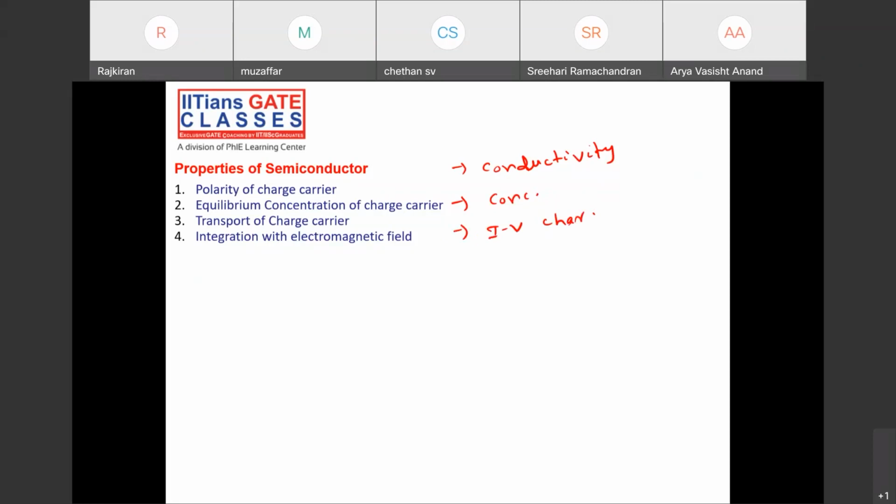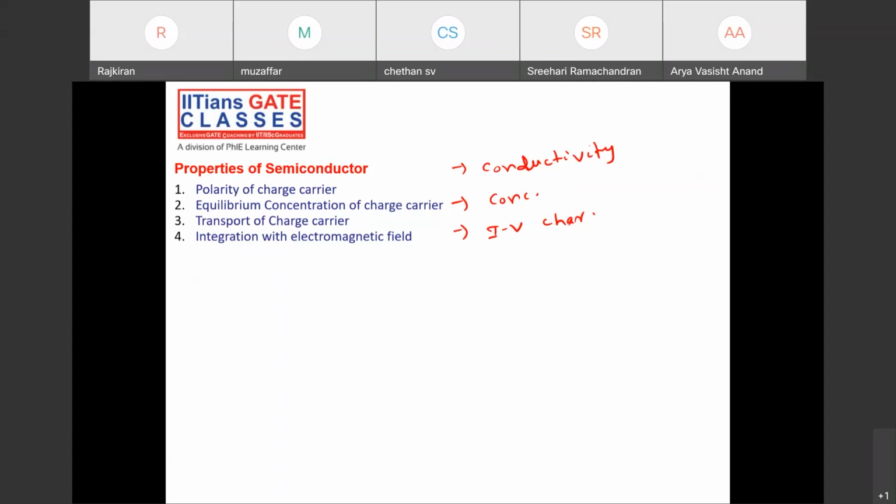In order to use the semiconductor, you need to understand what electrons and holes are. Why is there a vacancy in a semiconductor? Why does a hole take part in the current? What is a hole, what is an electron, and how are they generated? At equilibrium, what is the concentration of electrons and holes?